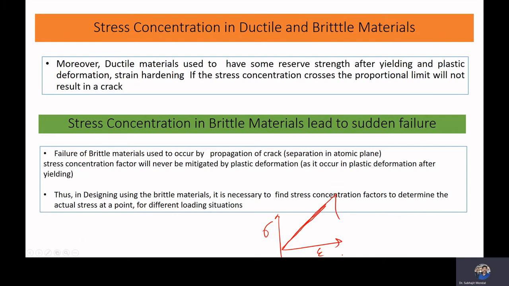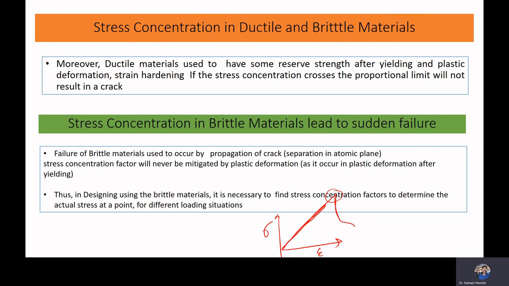Stress concentration becomes a big factor. In ductile material, stress concentration is not a big factor, but for brittle material it becomes a big factor, because once it reaches the maximum failure stress, a crack suddenly appears, and the cracks propagate very suddenly, causing failure of the structure.